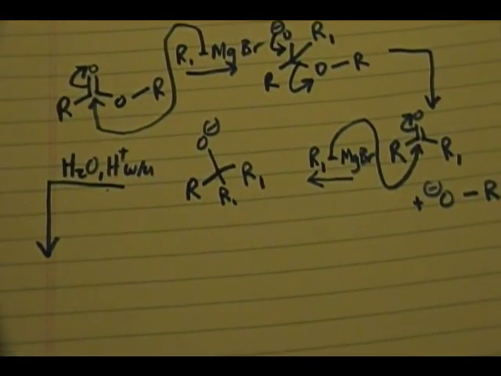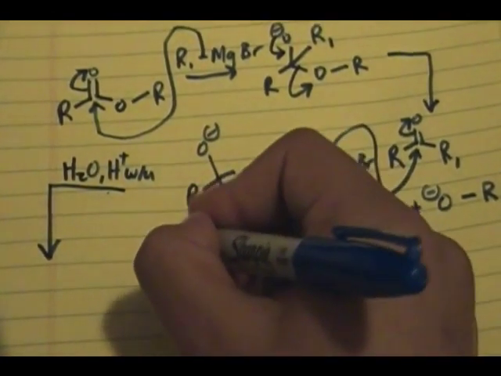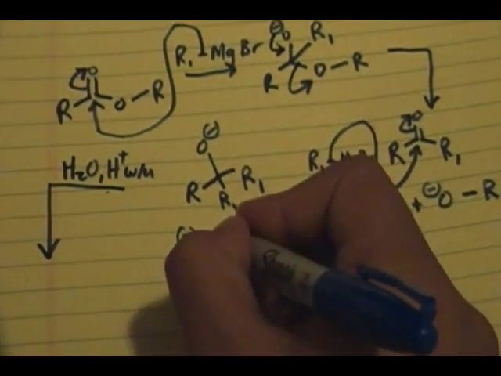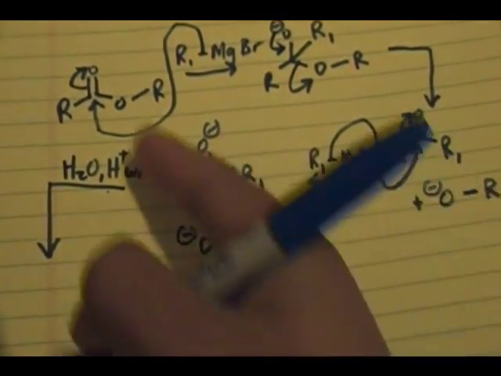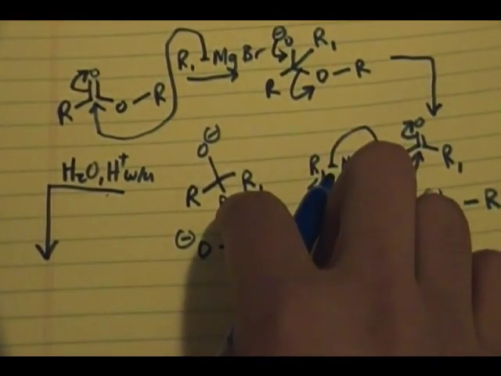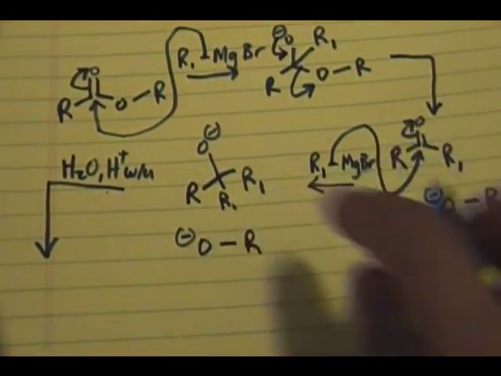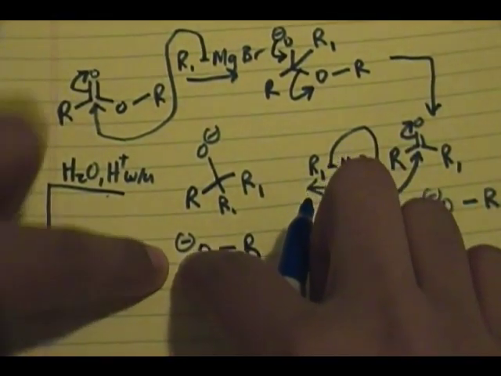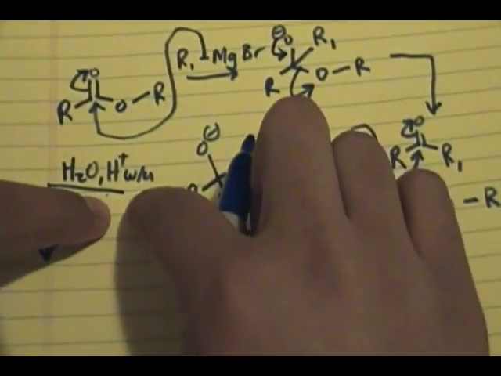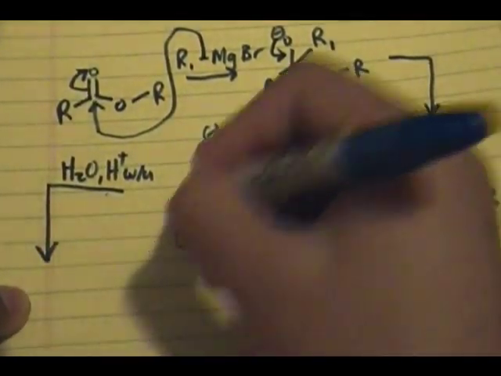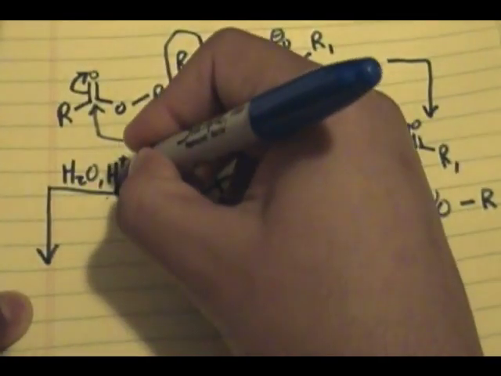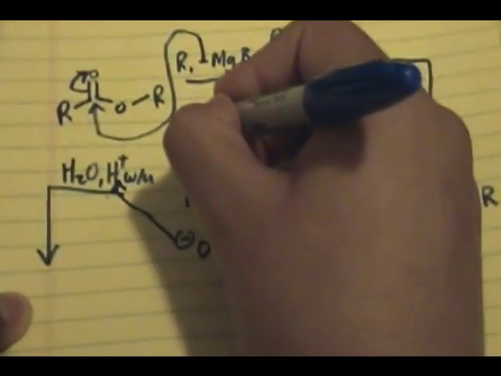Okay? What happens is that now both this piece that was kicked off from the original ester and this soon-to-be tertiary alcohol will be neutralized. They will neutralize their negative charges by this H2O, H plus workup. So you could draw it like this. This will attack to get some of the H. This also.